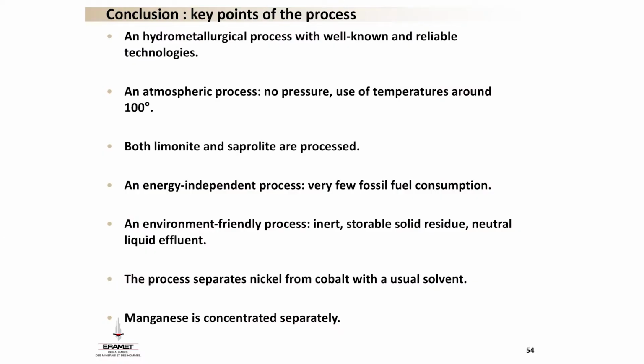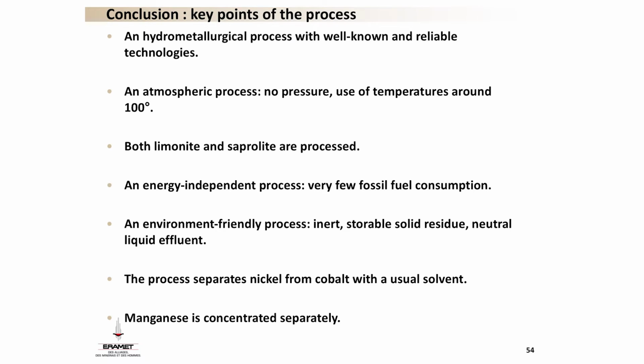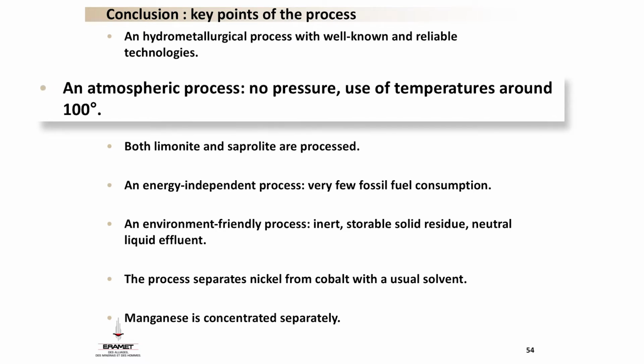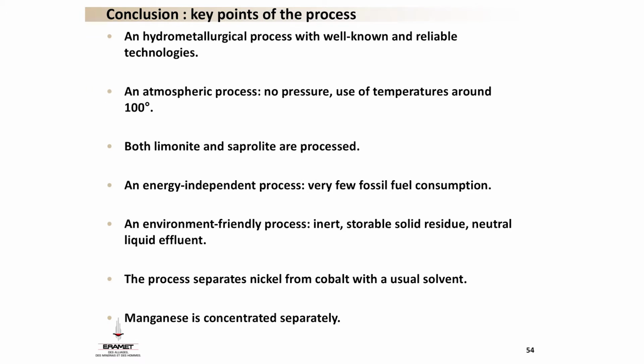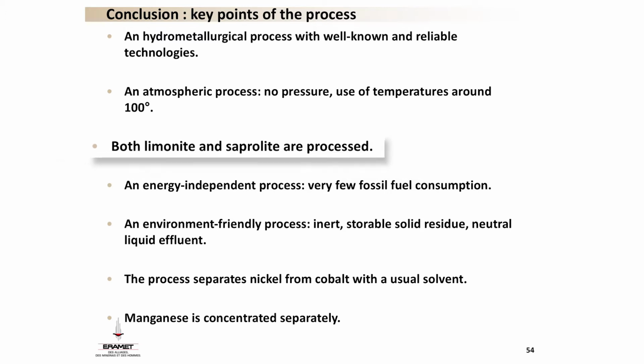As a conclusion, the process we have developed uses very reliable technology, with no pressure, and the temperature will be only 100 degrees C. You can treat both limonite and saprolite, and you don't have to separate them.